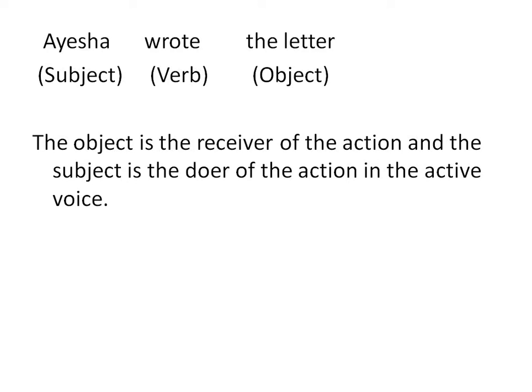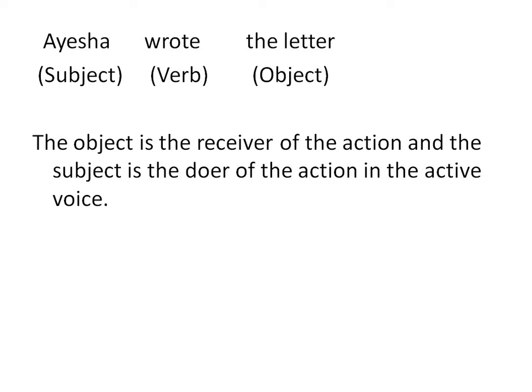So Aisha is the doer of the action, and the letter is the receiver of the action. This is the active voice, or the active transformation, or the active way of writing or speaking something: the subject is doing the action and the object is receiving the action.